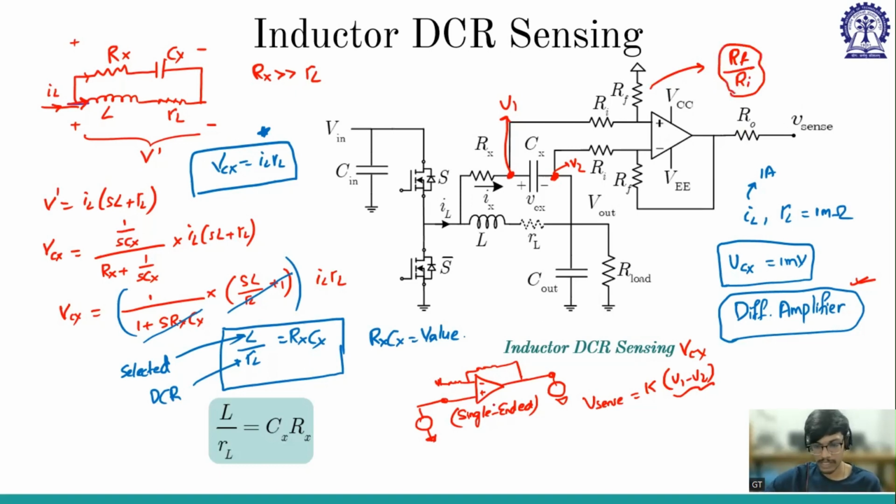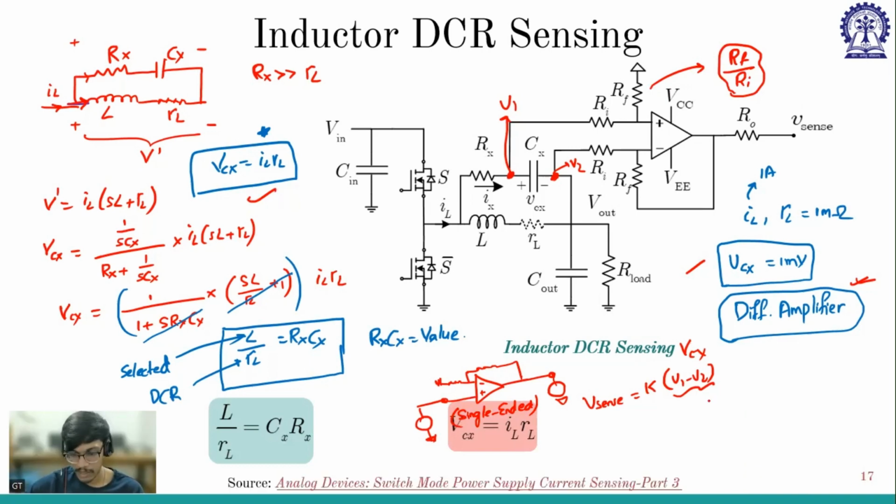So now my Vsense is how much? I have discussed VCX is IL into RL, and now I have considered a gain of RF by RA. So the overall final expression will be Vsense is equal to IL into RL, this is the VCX, multiplied by a gain RF by RA.